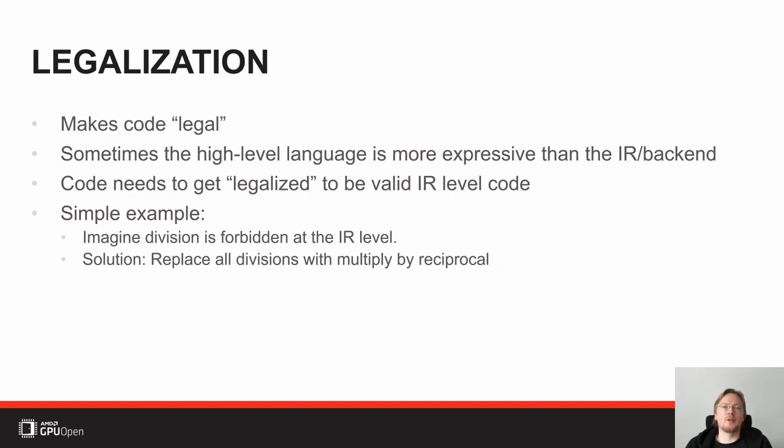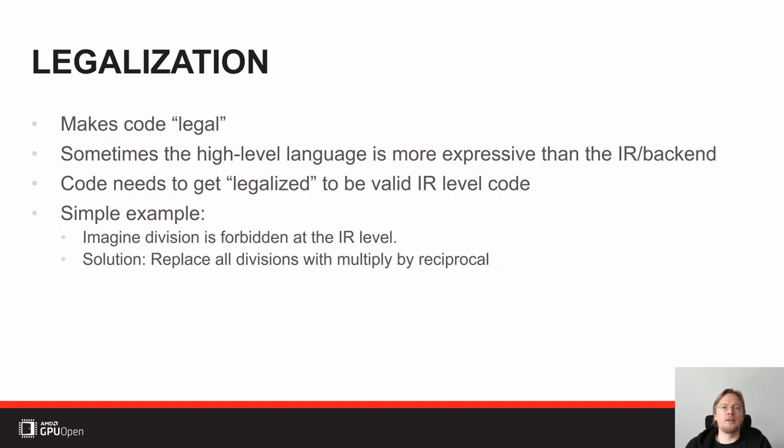A very simple example for this is a division. The intermediate representations for GPUs usually don't have a division operation because GPUs don't have a division. So instead, a GPU has something called the reciprocal operation, which just returns the result of 1 over something. Now, we could force all high-level languages to do the same, right? We could just remove divisions from high-level languages.